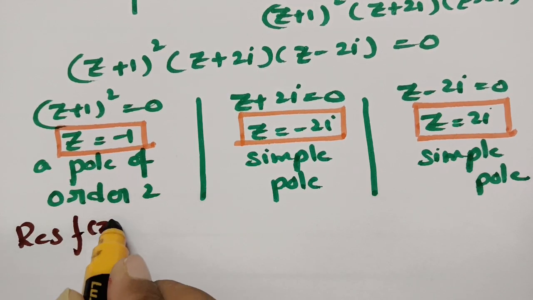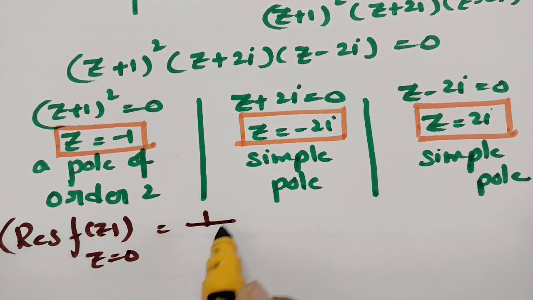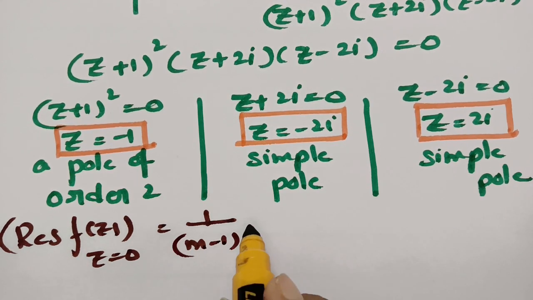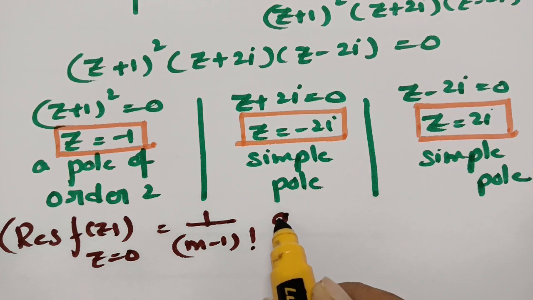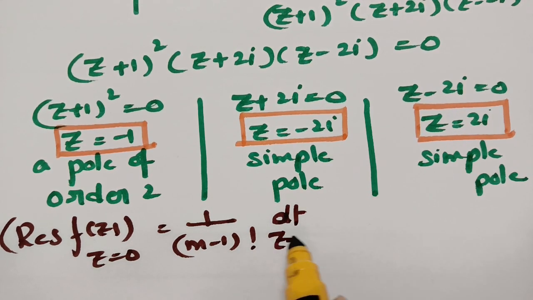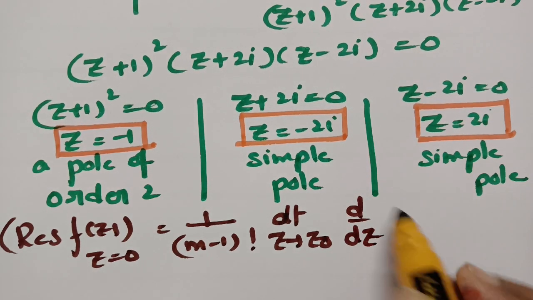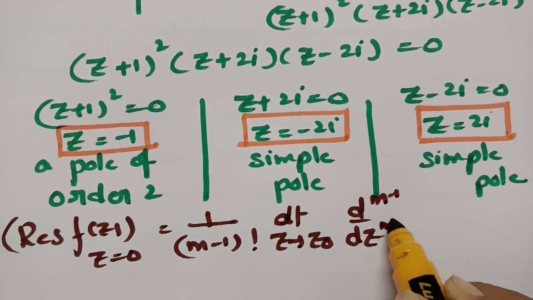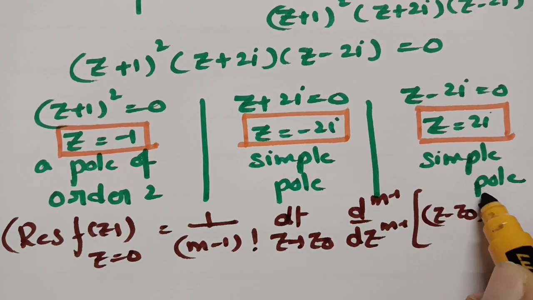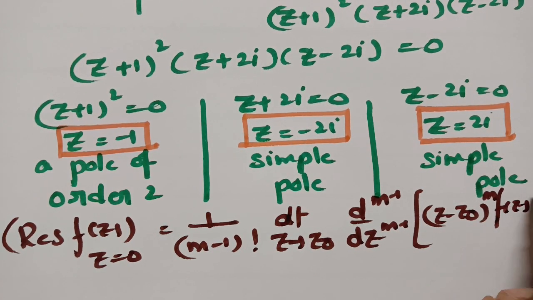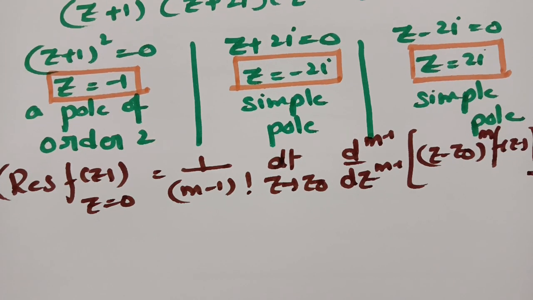The residue of f(z) at the point z = z₀ is 1/(m − 1)! times the limit as z tends to z₀ of d^(m−1)/dz^(m−1) of (z − z₀)^m f(z). So this is our formula.